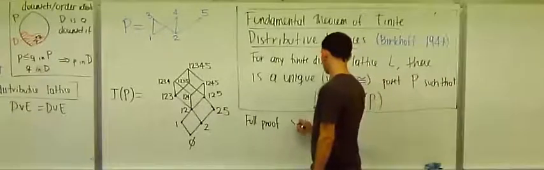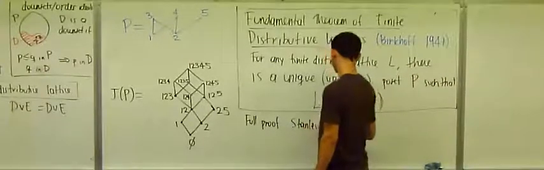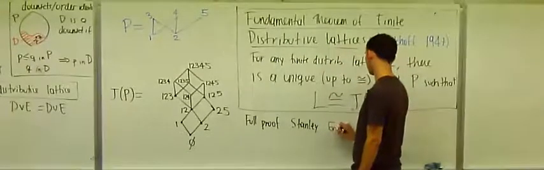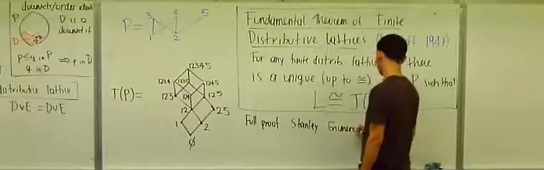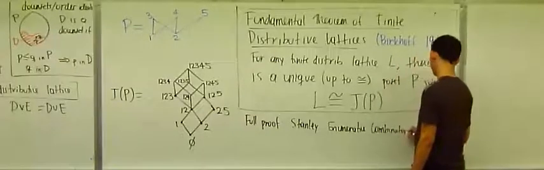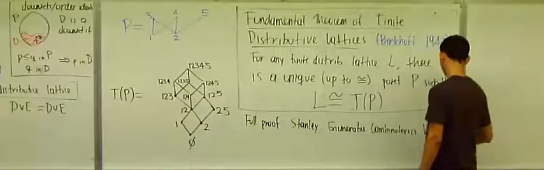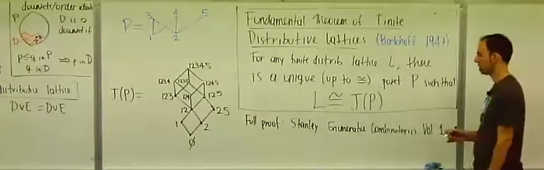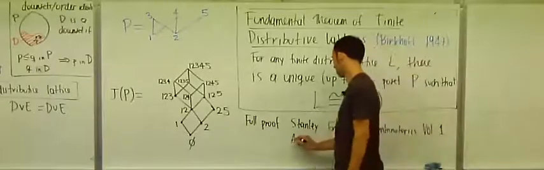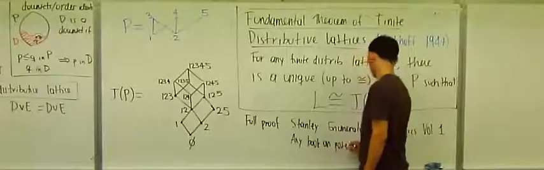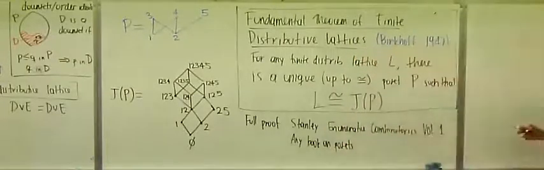The one place where I know this is written very nicely and succinctly is in Stanley's Enumerative Combinatorics, Volume 1. But any book on posets should have this. Okay, but let me give you a sketch of the proof.